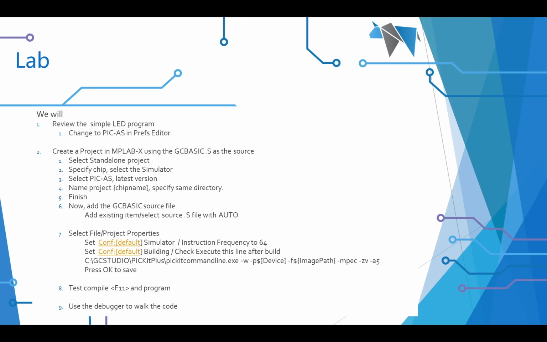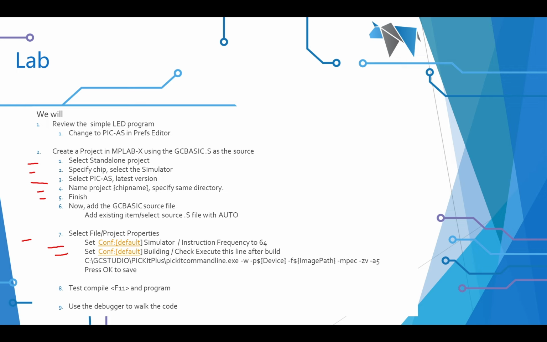Let me get back to the slide where I was. So this is what we did. We selected the standalone project, we specified the chip, and then we selected PIC-AS. We gave it a name, and then we finished. Then later on, I used the debugger, I compiled for debugging, walked the debugger, etc. But then to program it, I changed the properties by setting the default frequency, not necessarily for programming, but for the simulation, you should do that.